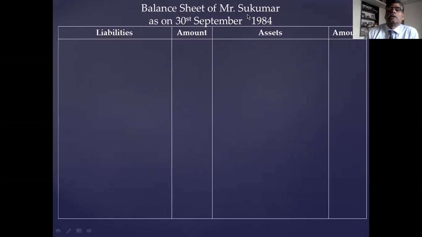This is the balance sheet of Mr. Sukumar as on 31st September. Sorry, Mr. Das is there.